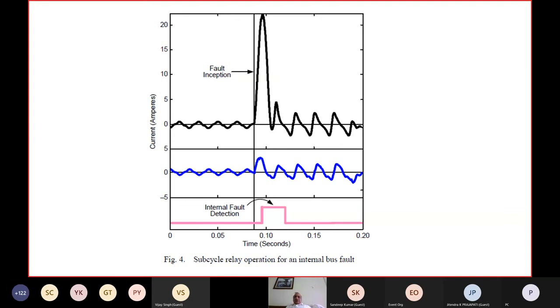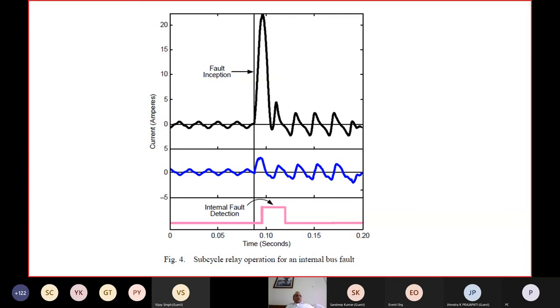And that sort of features are now available in what we call sub-cycle relay operation for the fault, where the trip decision is taken typically within 5 milliseconds, and we have to ensure that the time constant of the CT, which is basically the time to saturate, is less than 5 milliseconds.